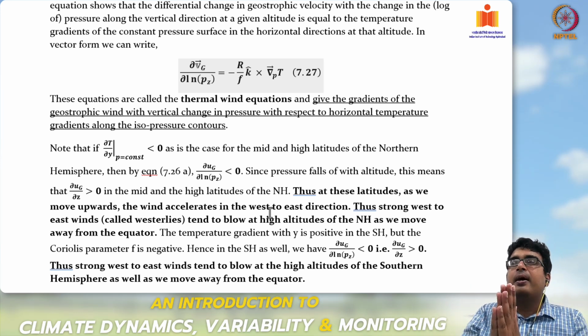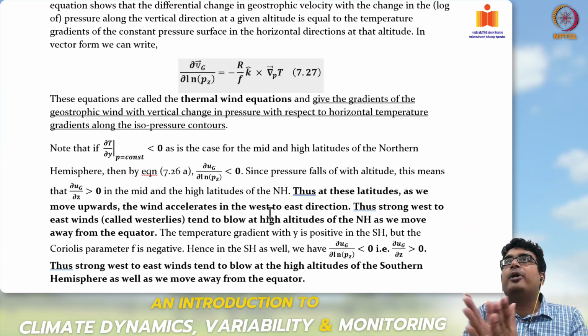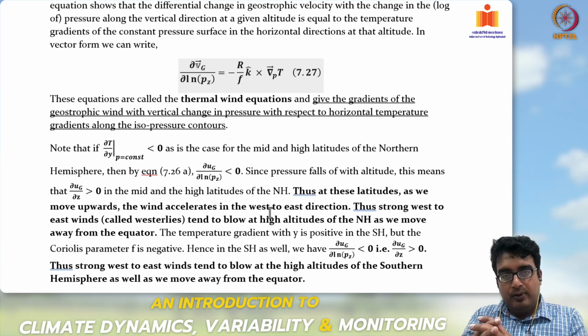However, as we move up in the Z direction, the vertical component of pressure is falling, right?